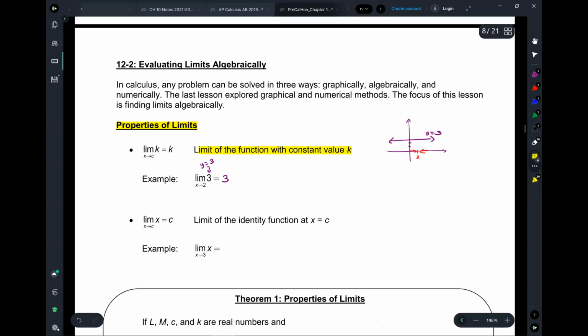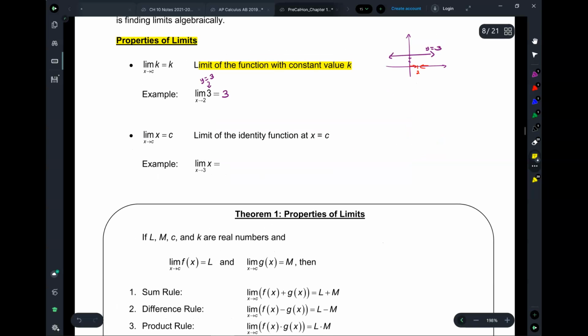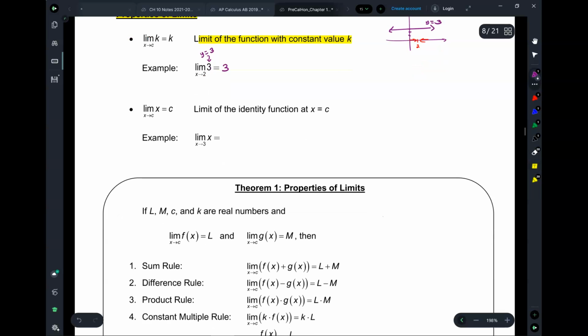All right? Now, what if you have the identity function? Take a look at this one here. The limit as x approaches c of x. What's the function in this one? Y equals x, correct. And if your function is y equals x, and you graph it, what does that look like?